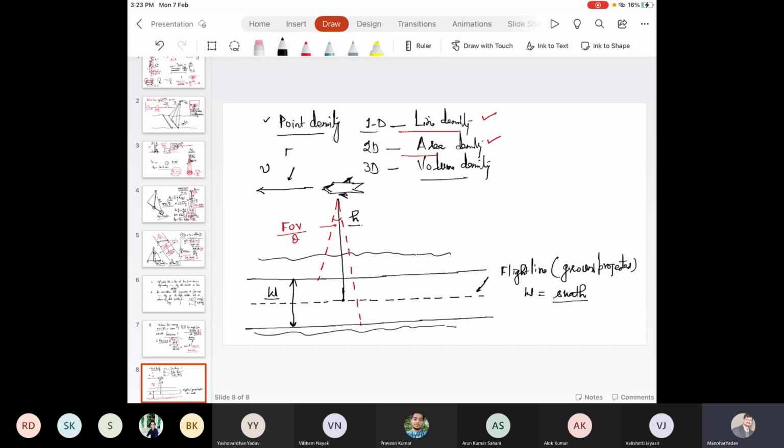So the terminology swath is used to indicate the width of the area strip that is covered along a flight line. Covered along a flight line means that area where the laser beams are hitting at a uniform spacing. If you see that, then these are the laser footprints.